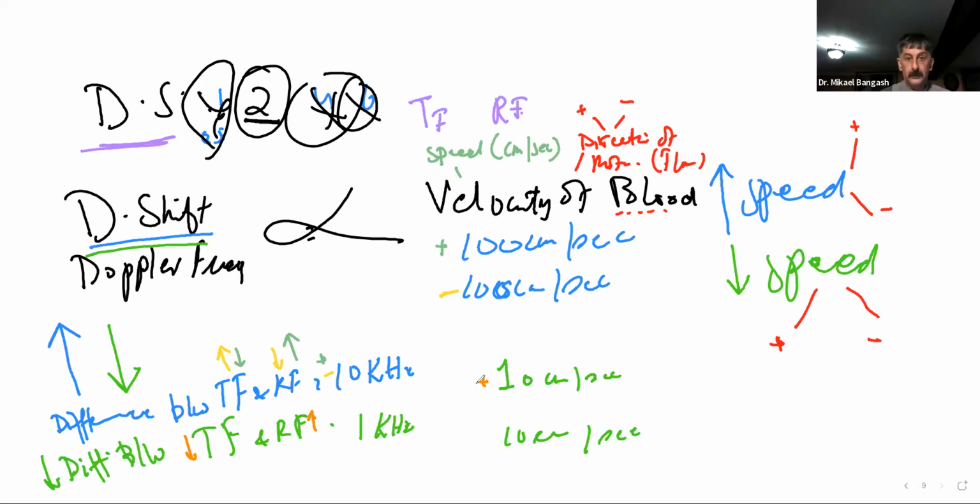But we can still have a low difference, a small difference between the two frequencies, and have a negative Doppler shift.